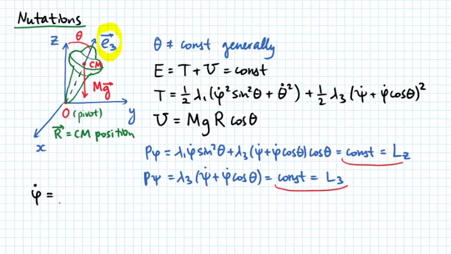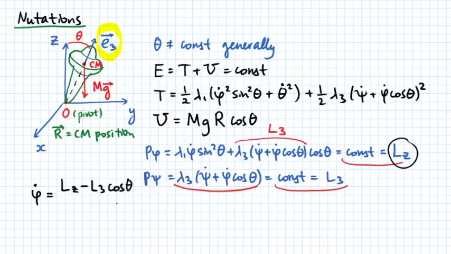Note that this expression is nothing other than L3, it's the same as this, and so we can write phi dot to be Lz, this is the right hand side here, minus L3 cosine theta, divided by lambda 1 sine theta squared.